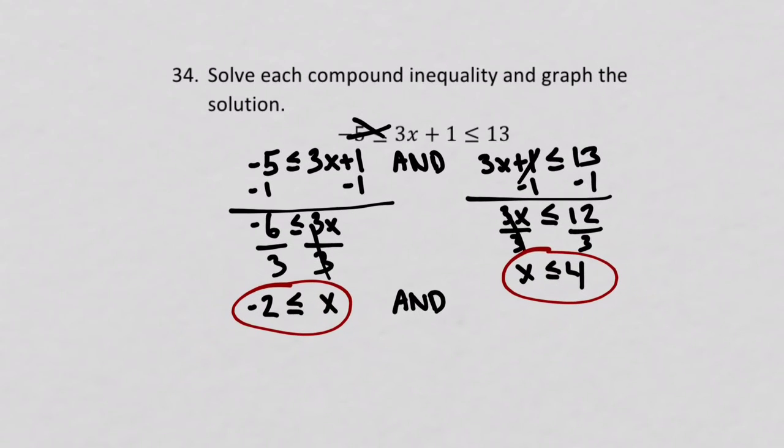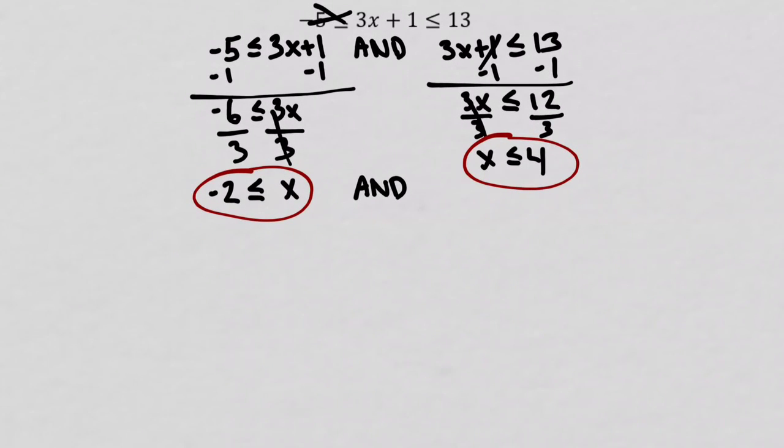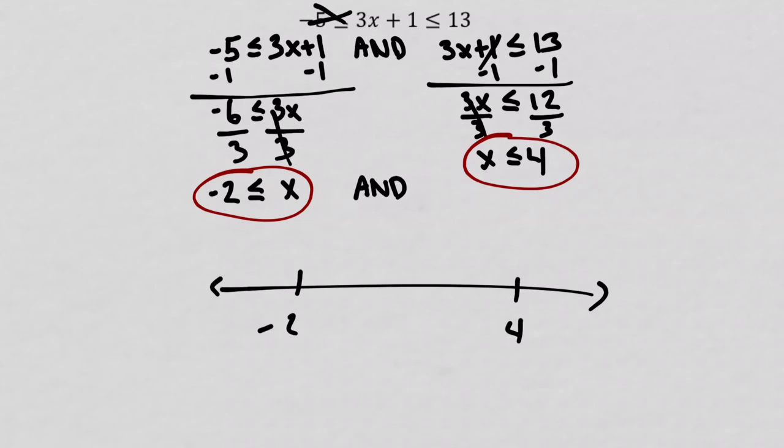Let's graph it. My graph is going to look like this. Here's my number line. Here's negative 2. Here's positive 4. I have a closed circle on this one and a closed circle on that one as well. So they're both closed right there and right there.